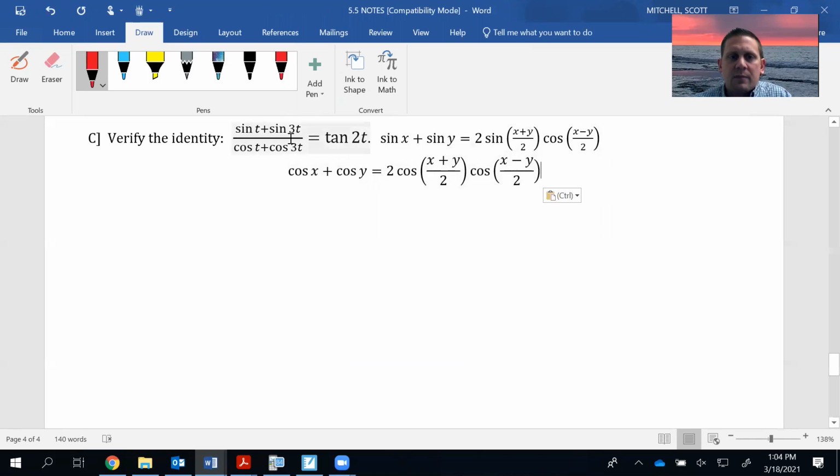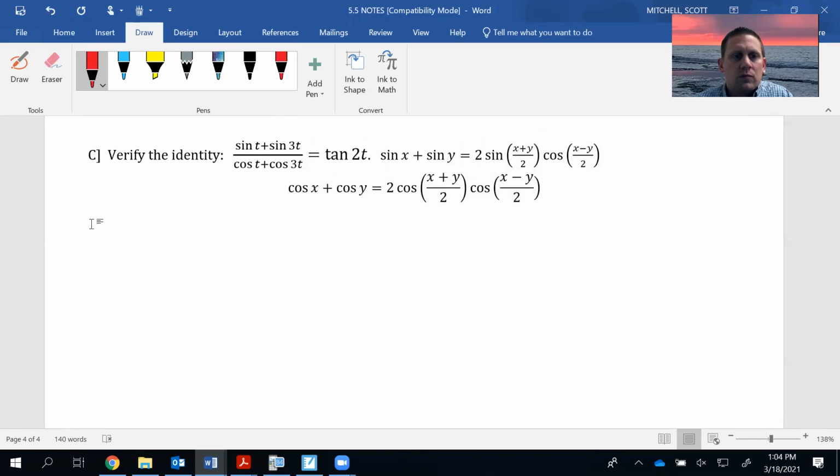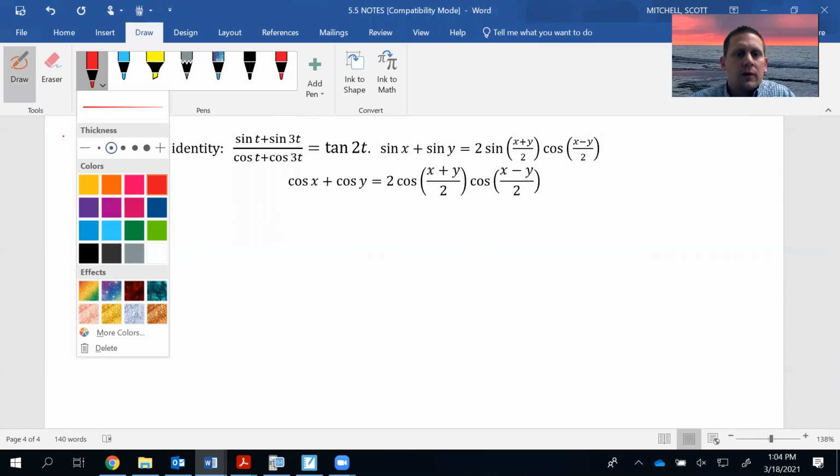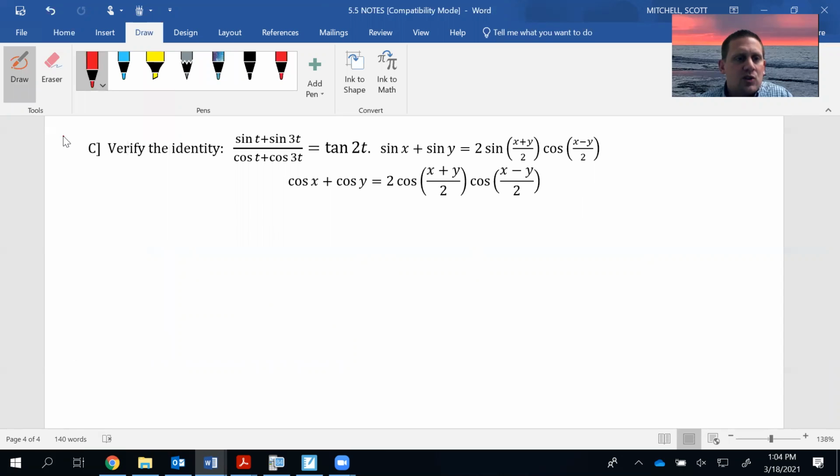So the top, sine plus sine, is going to equal 2 sine of (t plus 3t) over 2, times the cosine of (t minus 3t) over 2.